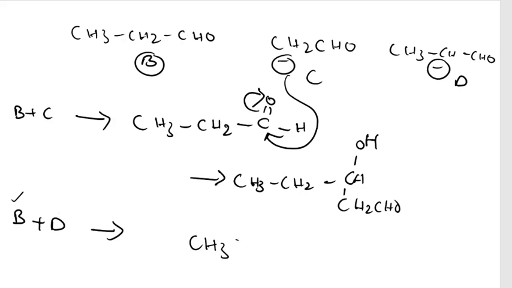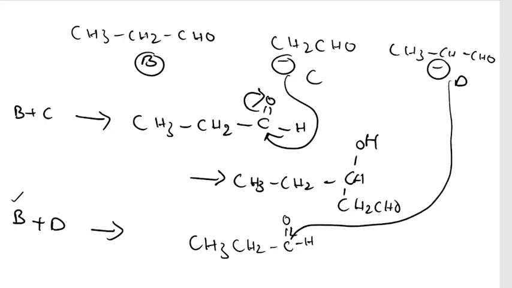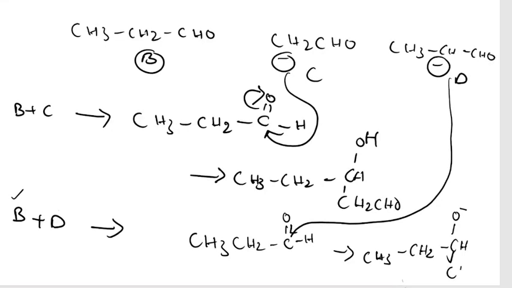Here I'm going to consider CH3CH2, C double bond O. Again, if this minus ion attacks this carbon atom, you will get CH3CH2CO minus H, and then this whole group, nothing but CH3CHO, right?